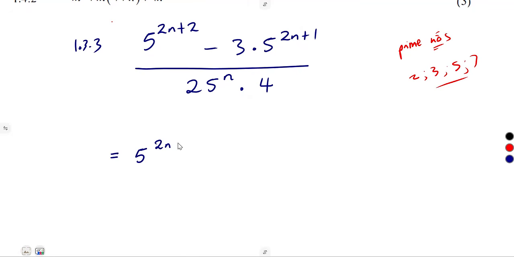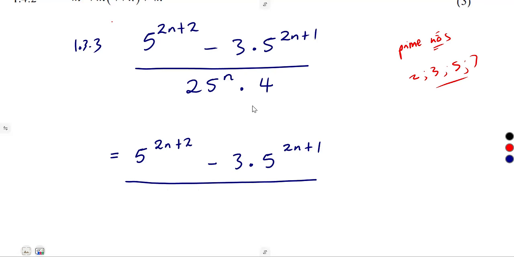So we're going to have 5 to the exponent of 2n plus 2 as it is, minus 3 times 5 again. Here the 5 is in simplest form again, so we cannot simplify that one. We just have to rewrite it as it is, so that's 3 times 5 to the exponent of 2n plus 1.